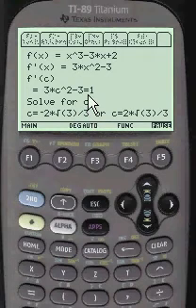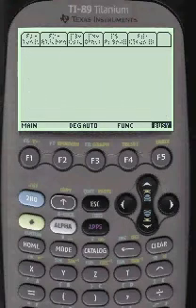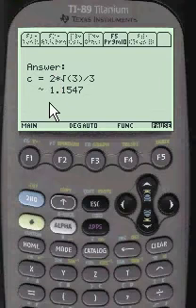We could probably solve for c here without the calculator, but I let the calculator do it. And you got 2 answers. One here does not fall within the range they gave you, from minus 2 to 2, so therefore you don't use that one. And here's the answer, and the approximation is 1.1547. This is the exact answer here.